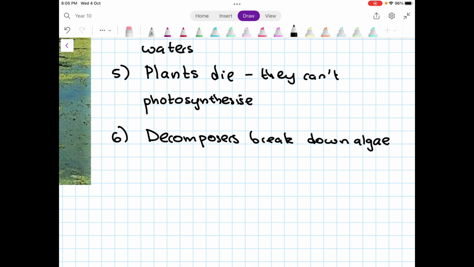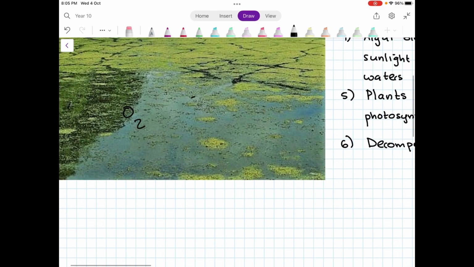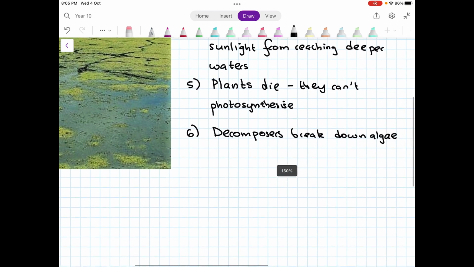But as they do so, these decomposing bacteria respire to generate energy for themselves, and through aerobic respiration, they're using up all the oxygen present in the water. So they're hoarding it for themselves through processes like aerobic respiration.